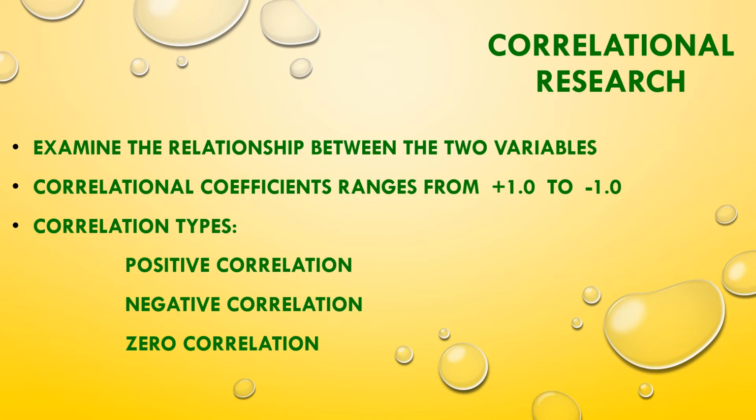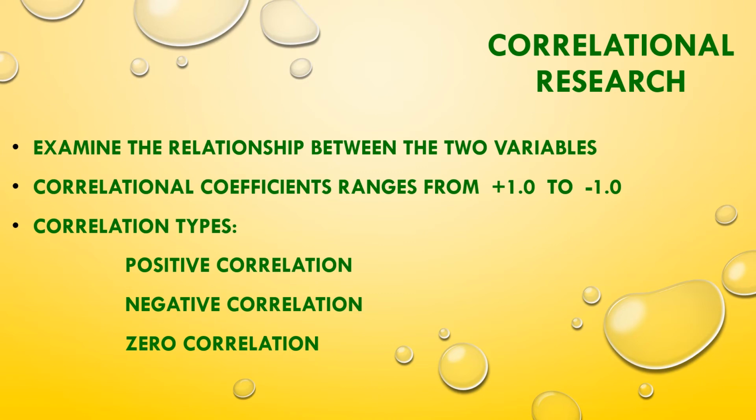Next is negative correlation. If we increase or decrease the value of one variable, the value of the other variable decreases or increases respectively. That is, if A increases, then B decreases, and if A decreases, B increases.